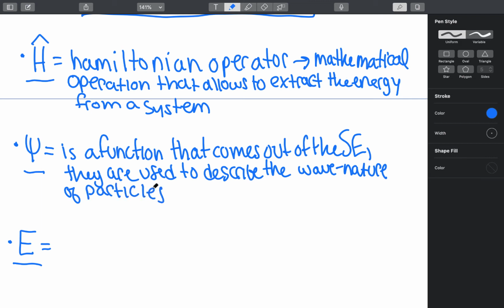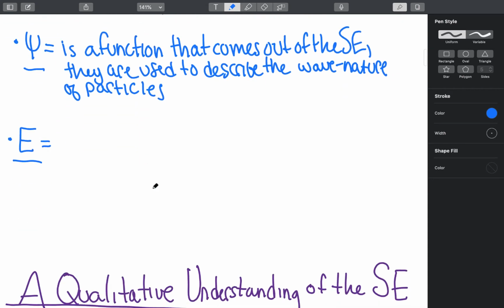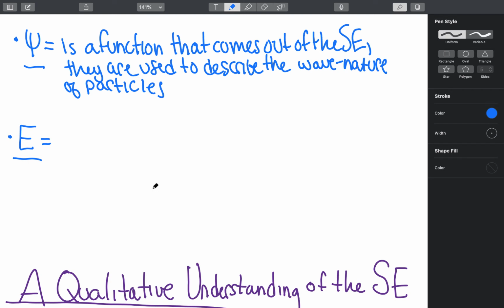So they are functions that are used to describe the wave nature of particles. And the last bit of information is E. E stands for the total energy.